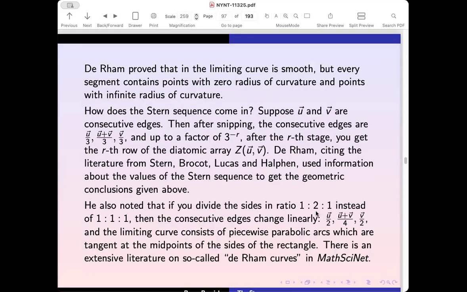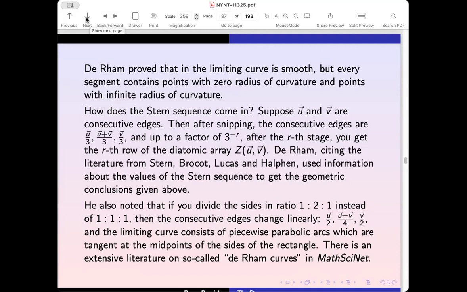And he also noticed that if you divide the sides in ratio 1:2:1 instead of 1:1:1, then the limiting curve consists of piecewise parabolic arcs, which is kind of a nice change. And there's also an extensive literature on these curves in MathSciNet.